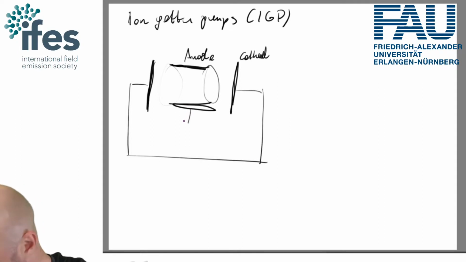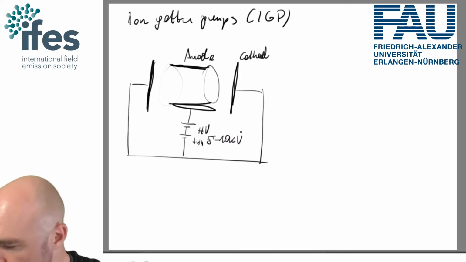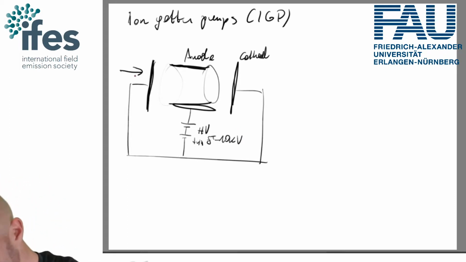And we apply a high voltage. Typically, I don't know, 5 to 10 kV, so pretty high voltage. And we also add a magnetic field B here.